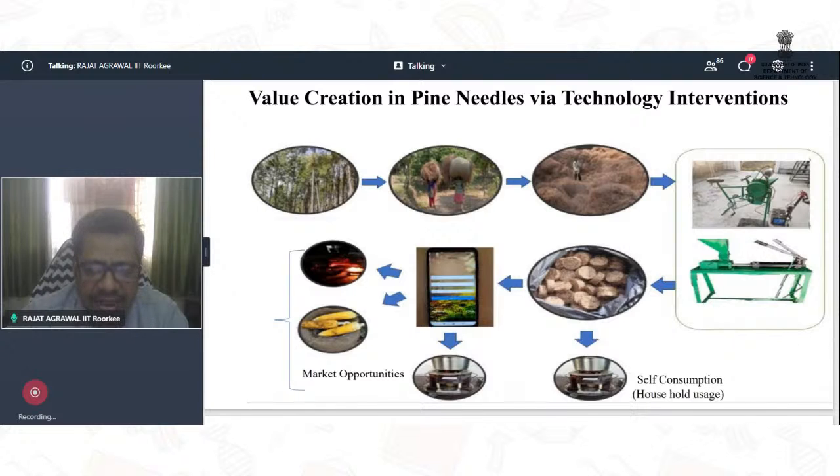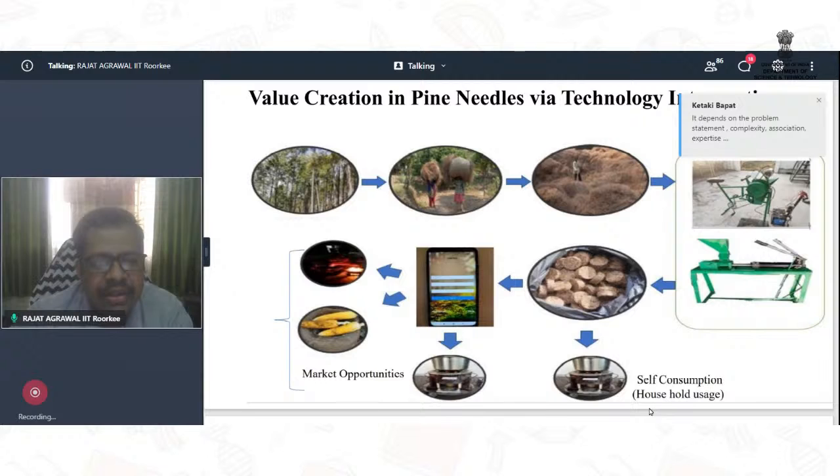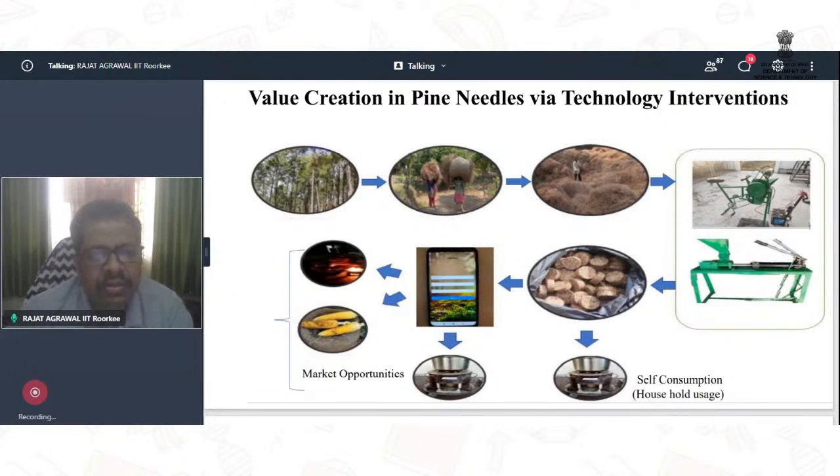Then the pine needle is crushed into smaller pieces, maybe around 1 inch. Then we have developed a very simple machine. Our idea is to democratize the technology. Specifically, in Uttarakhand, close to Khatima, there were some efforts where large plants were made for pine needle based briquettes, but those could not be successful because of a lot of logistics issues.